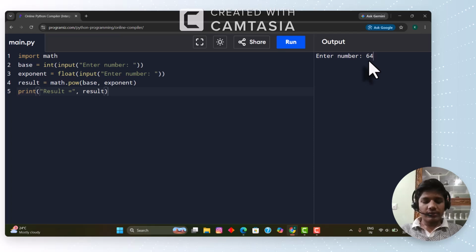So how do we get 4? We have to enter the exact value of 1 by 3, the same way we entered the exact value of 1 by 2. When we give the value of 1 by 3, it is 0.33 and so on. So you have to give 0.34, for example.